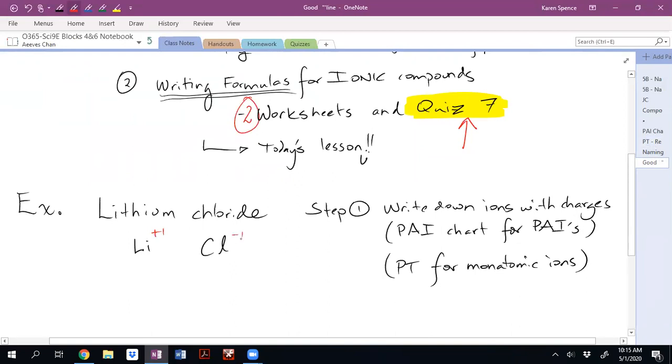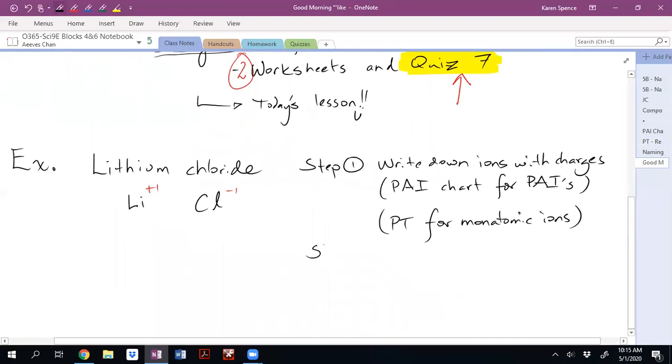So step 1, write down your ions and their charges. Step 2, make the total positive charge equal the total negative charge.